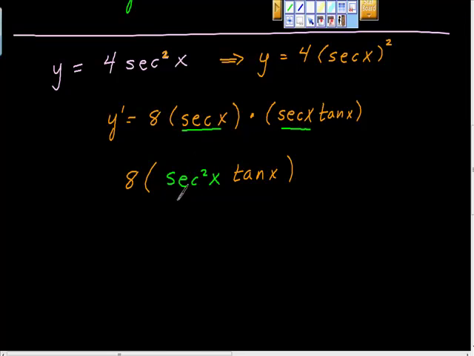This is 1 squared over cosine squared here, and tan of x is, of course, sine over cosine. If you multiplied those out, you'd get a fraction, and that would be 8 sine of x over cosine cubed. Because remember, this would have been 1 squared over cosine squared, and this would have been sine over cosine. So cosine squared times cosine is cosine cubed x.